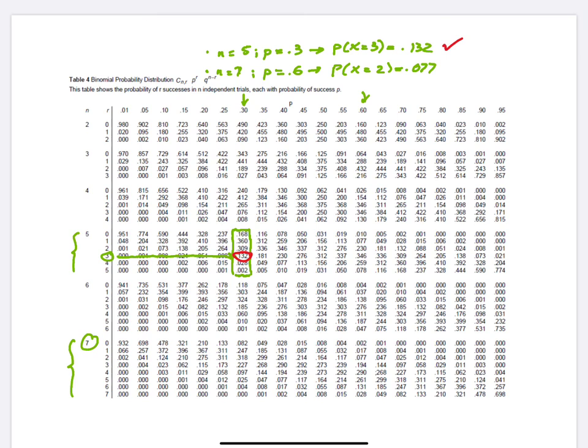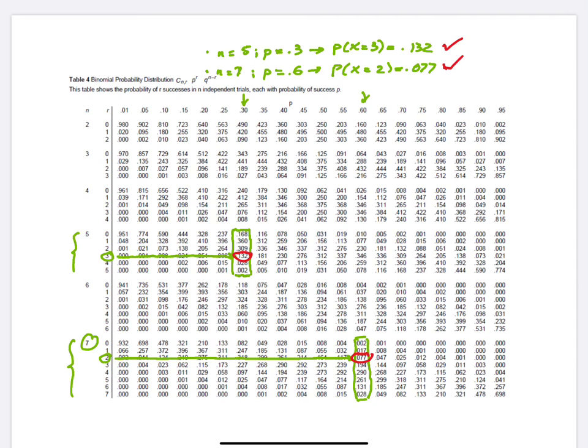We restrict our attention to just this column, and we want to find the probability that x is equal to 2. 2 is right here. You trace it horizontally, and that gives us a probability of 0.077, which is what we got. So you can use the formula if you want to, or you can use a table whenever you can, whichever way you prefer.